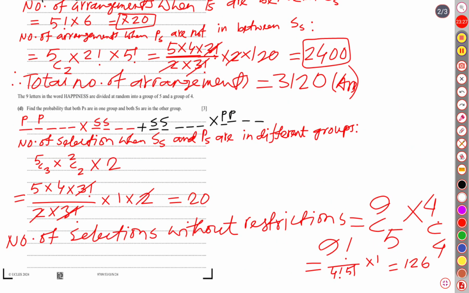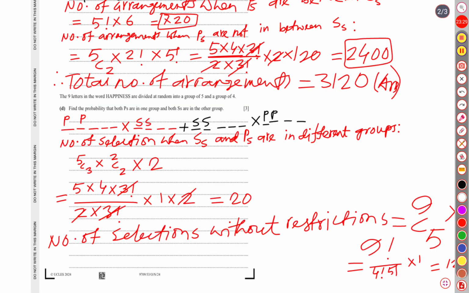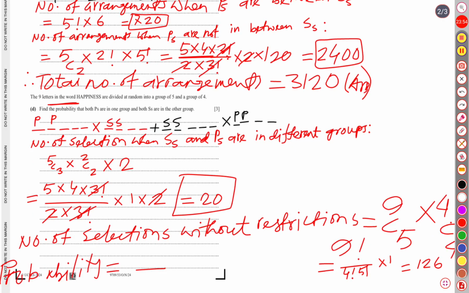Look, our question told us to find the probability. Look, this is actually probability. So if we find probability, we'll write: hence probability is equal to the number of selections with restriction divided by the number of selections without restriction.